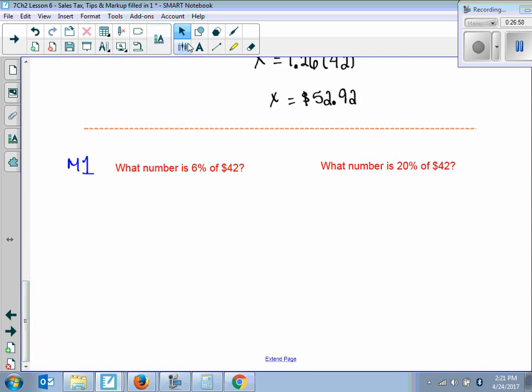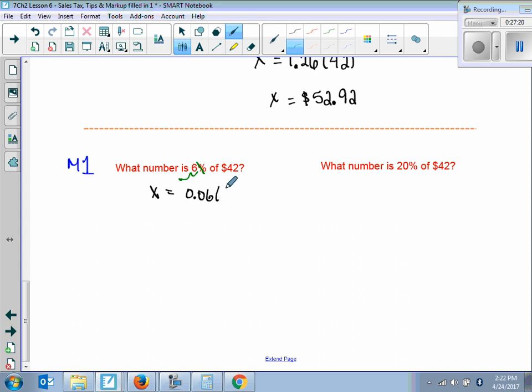So when we do that, we're going to translate English to math. So that's going to be X is 0.06, because we want to change the percent to a decimal by moving the decimal 2 places to the left.